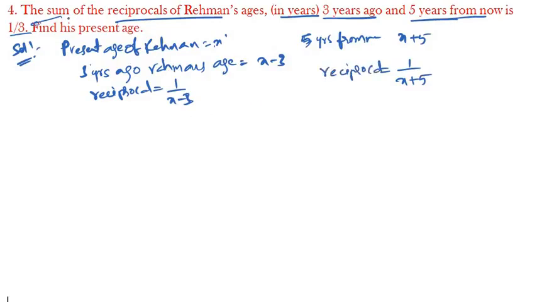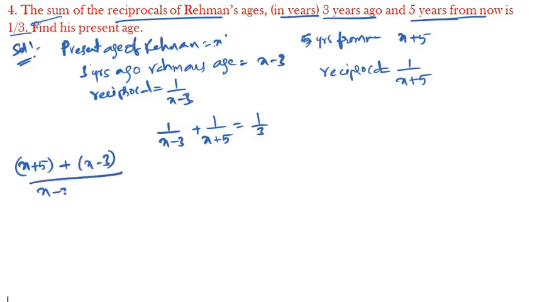The sum of these reciprocals is 1 by x minus 3 plus 1 by x plus 5, equal to 1 by 3. So how will it come? x plus 5 plus x minus 3, divided by x minus 3 into x plus 5, is equal to 1 by 3.